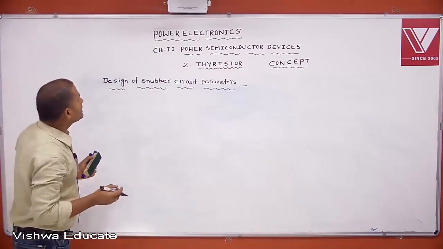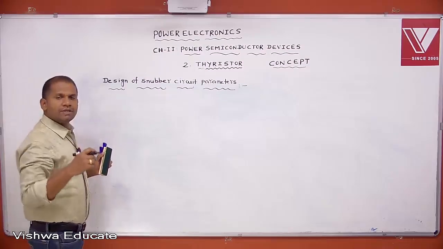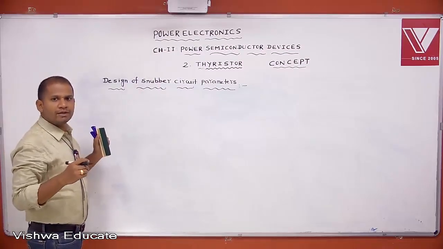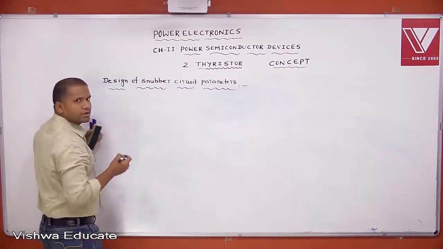Go through the design of snubber circuit parameters. During the design, let us consider that I am designing the snubber circuit parameters along with the inductor, so also consider the inductor.